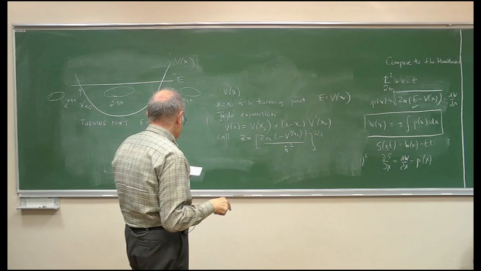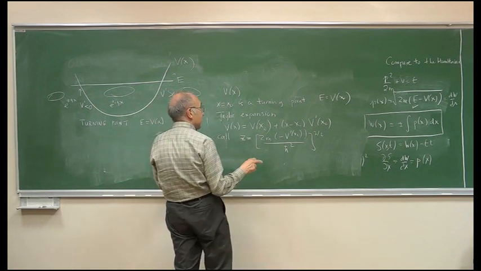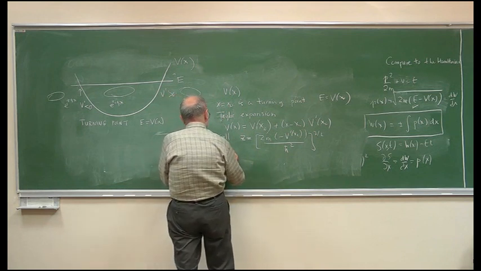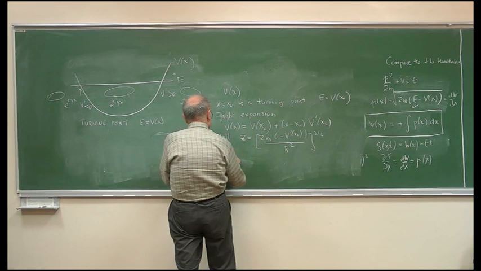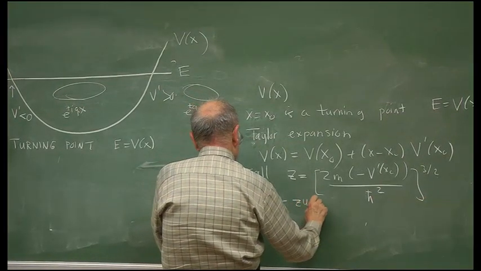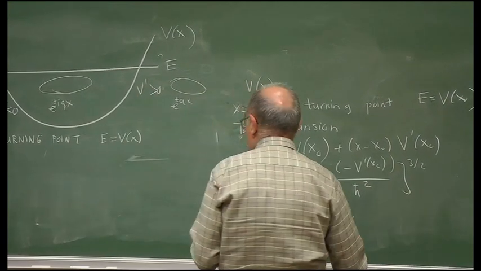And with this potential, the Schrödinger equation then becomes d squared u by dz squared minus zu is equal to 0.